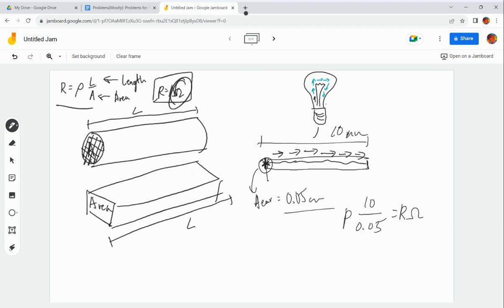So we can usually simplify it to a 1D system, or a 2D system. It depends on what the situation is. If you're drawing this length over here, you could say that the area over here is 2 meters, and this is 5 meters.